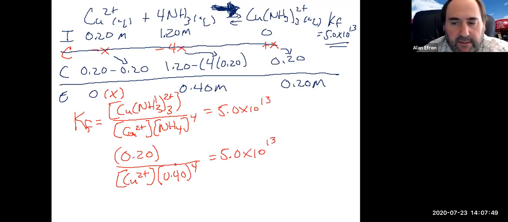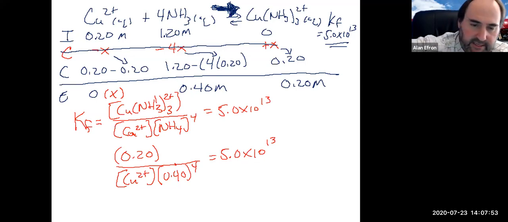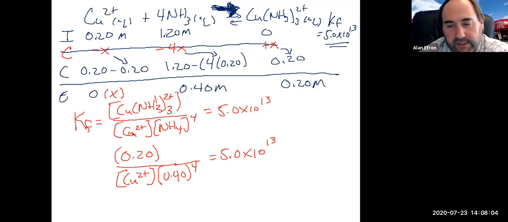By using our equilibrium expression, even though we agreed that 100% of the copper 2 should be tied up, there's going to be a little bit of it coming back. So when we solve for the copper 2 concentration, we should expect the value to be very small for the free copper 2 still in that solution.